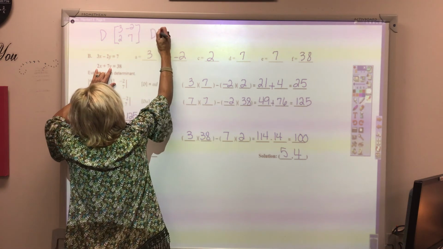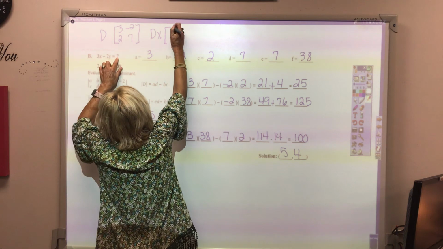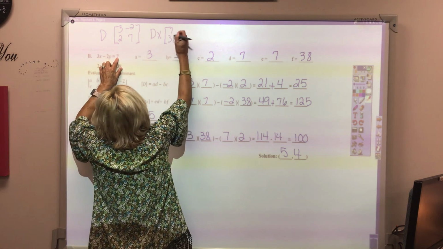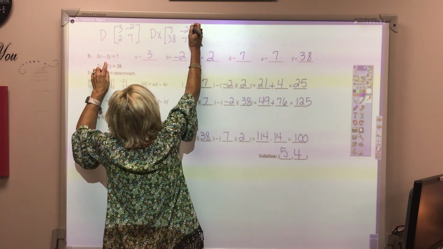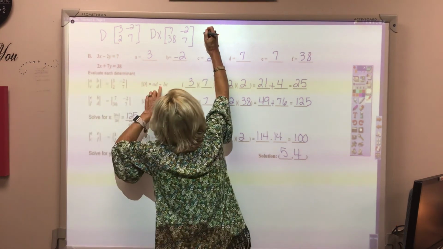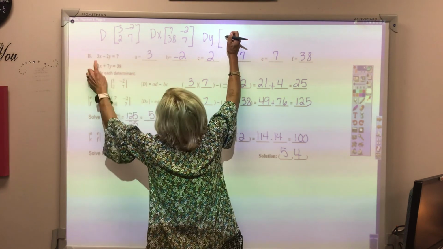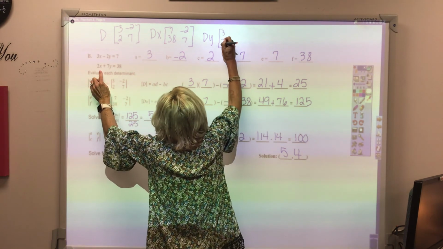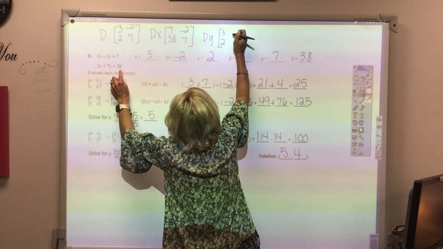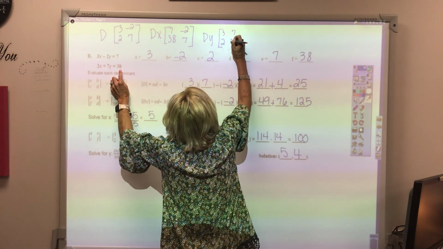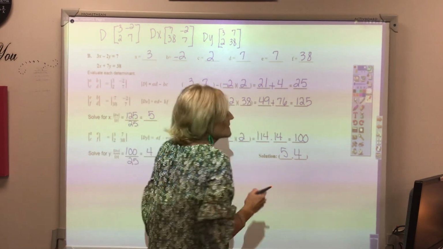For D of x, you replace the 3 and the 2 with the 7 and 38, and keep your y's, negative 2, 7. And then for D of y, you keep your x coefficients, 3 and 2, but you change your y coefficients to the 7 and the 38.